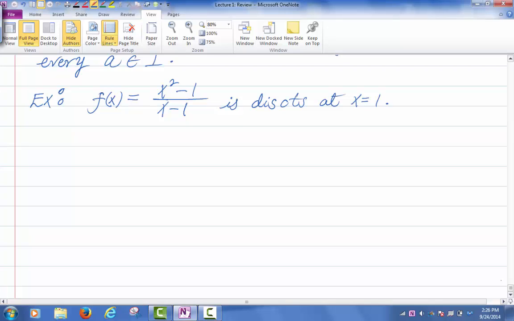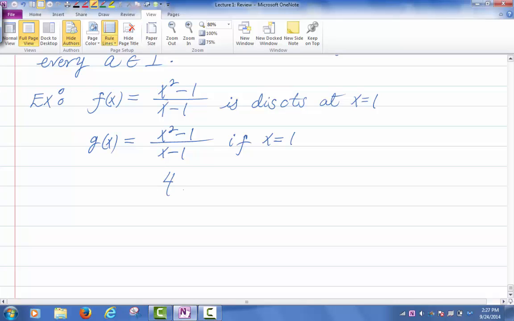And how about this function here? Let me use another letter here, sorry. Let's use the function g of x to be x squared minus 1 divided by x minus 1 if x is not 1.